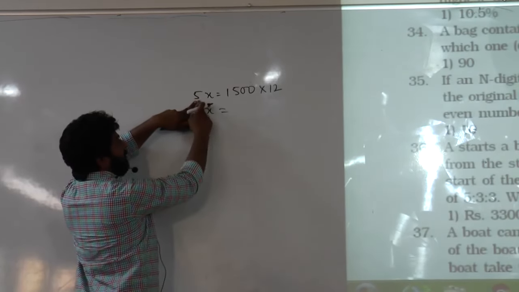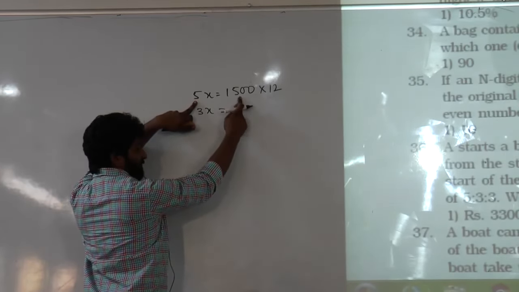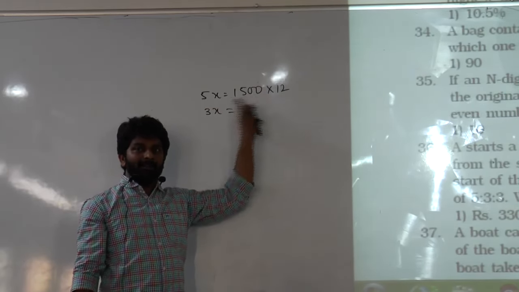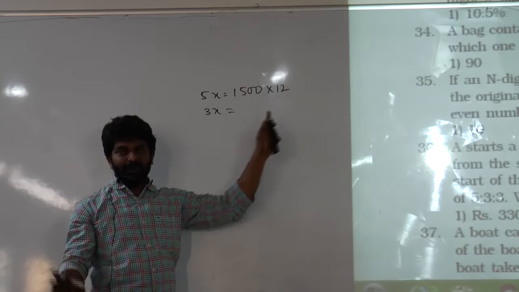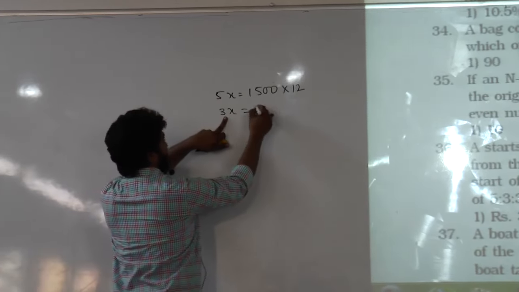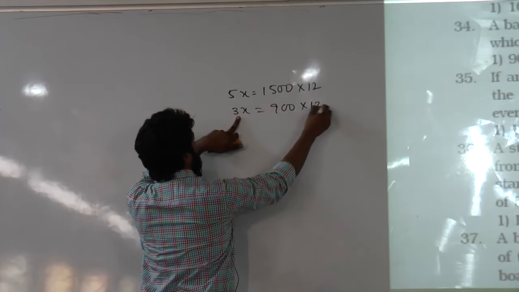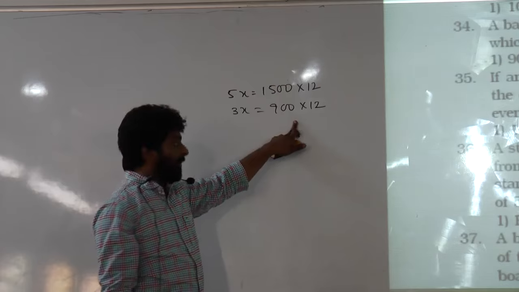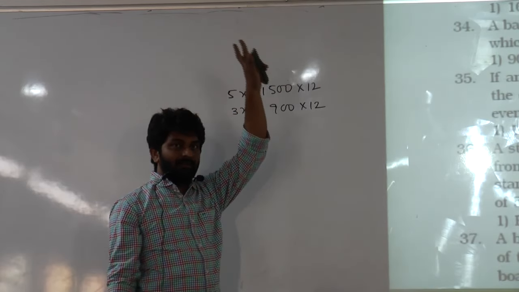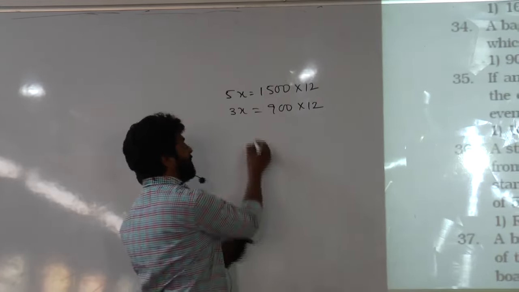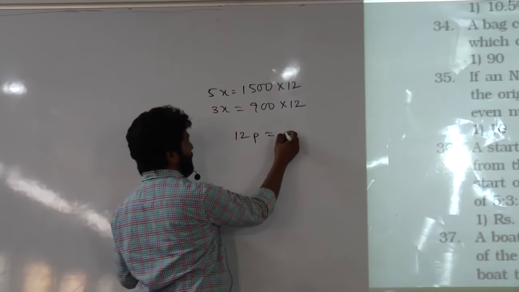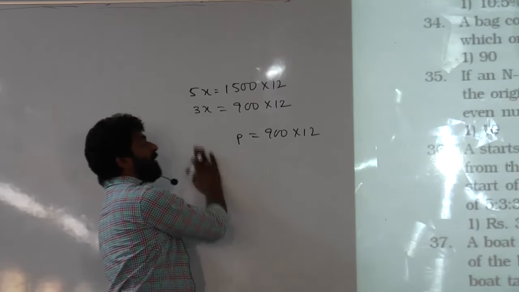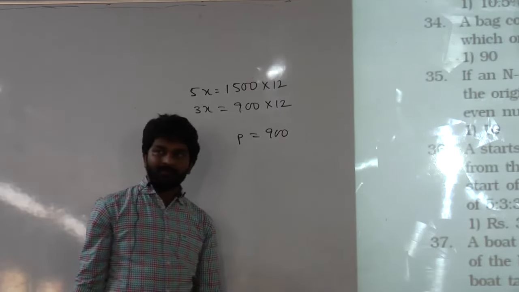Wait, look here. 5 into 300 into 12, that's what we are doing. 300 times 3 is 900, into 12. And this is equal to how many parts? 12 parts. So now I will say 12 parts is equal to 900 into 12. From this, 1 part is equal to 900.